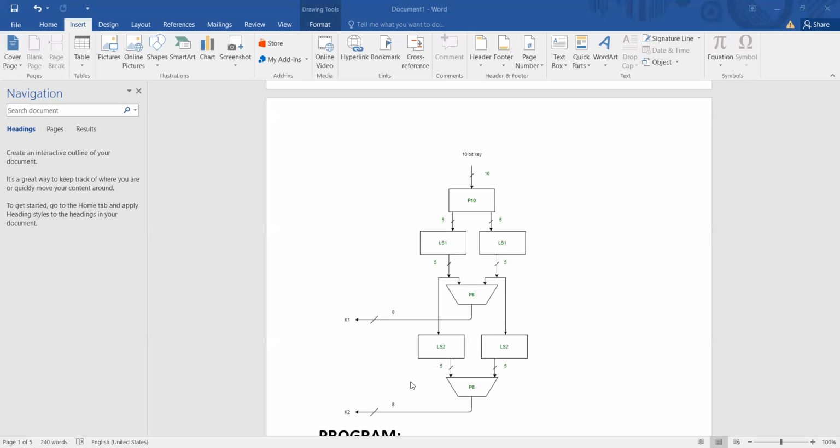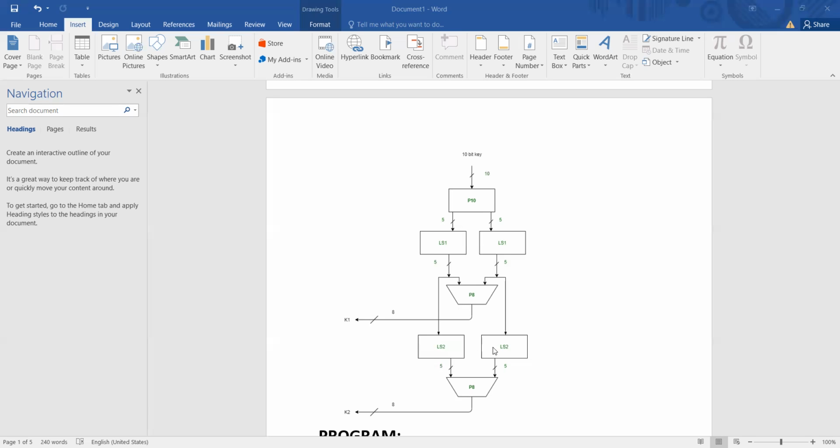For getting the second key, we take the input from LS1, the left and right sides, and do the left shift twice.